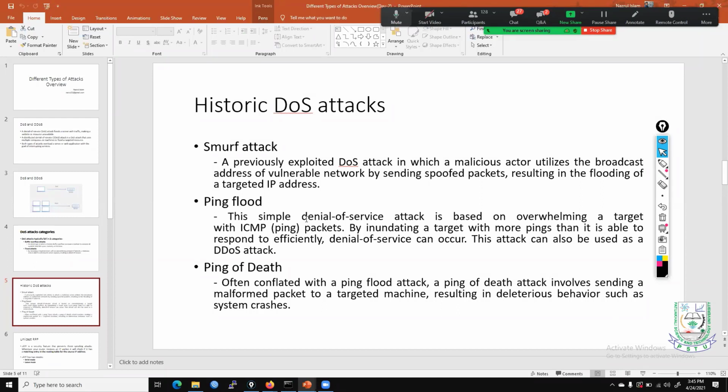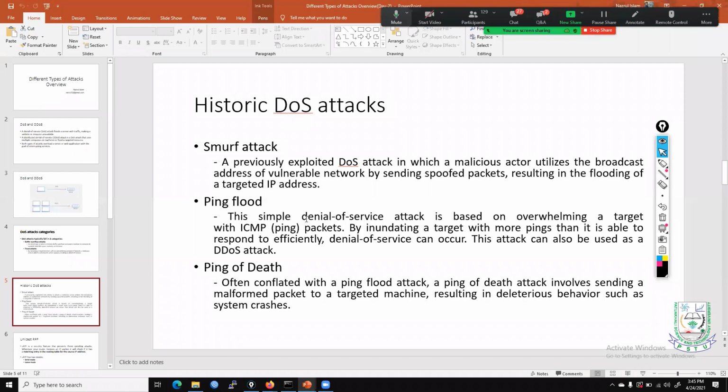Another thing is the ping of death attack, which is also a denial of service attack, in which the attacker aims to disrupt a targeted machine by sending a packet larger than the maximum allowable size, causing the targeted machine to freeze or crash.